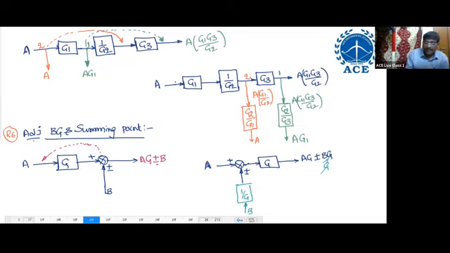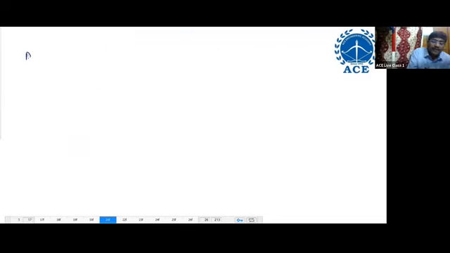Similarly, one more thing you take. A, summing point, plus R minus B, block gain G, output.